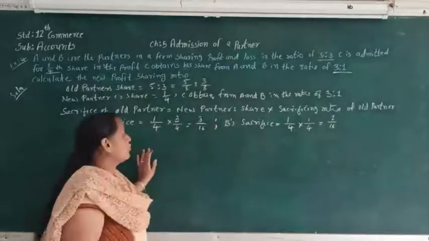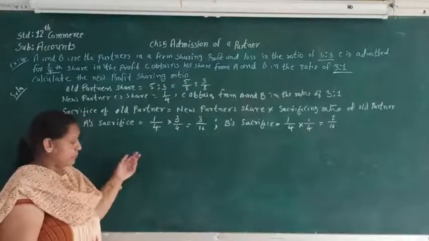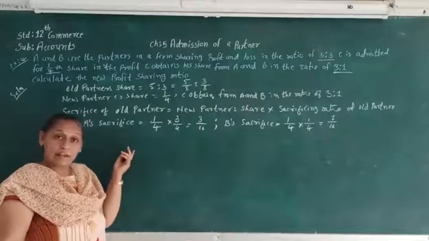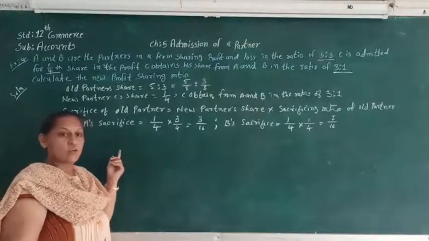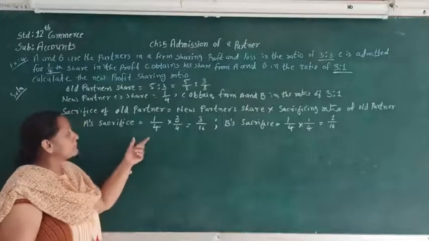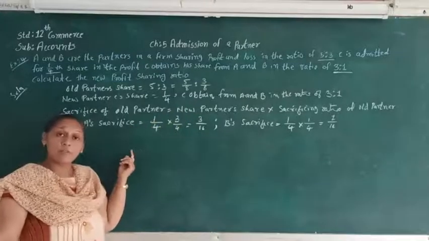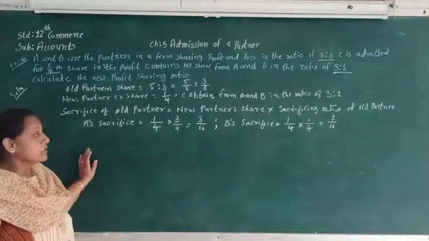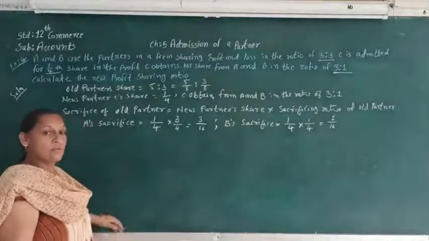Now to find the new profit sharing ratio, we have already seen the formula that the new share of an old partner is equal to the old share minus the sacrifice. So from the old share, if we subtract the sacrifice, we find the new share.